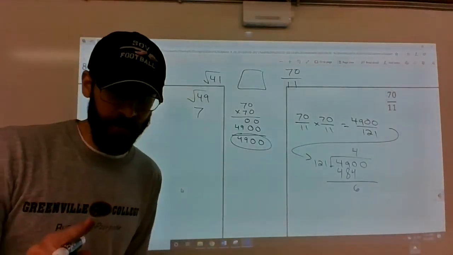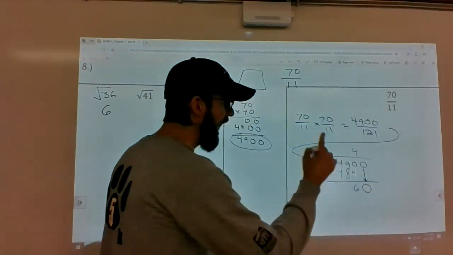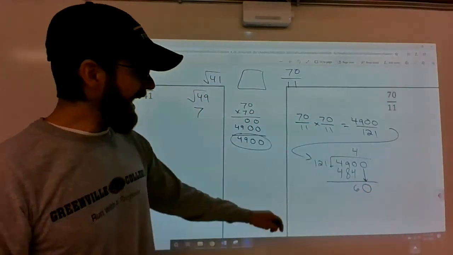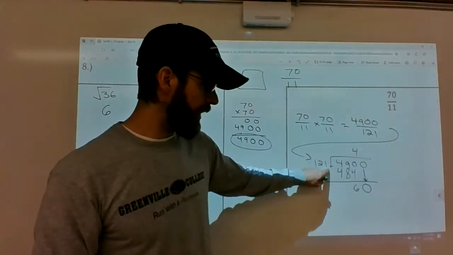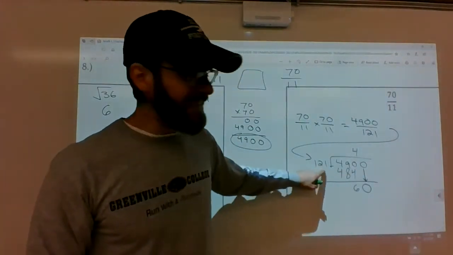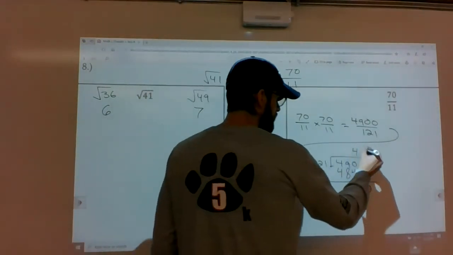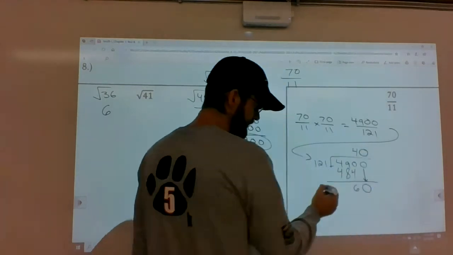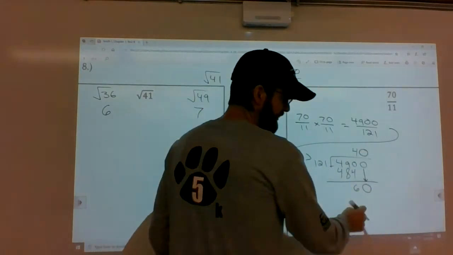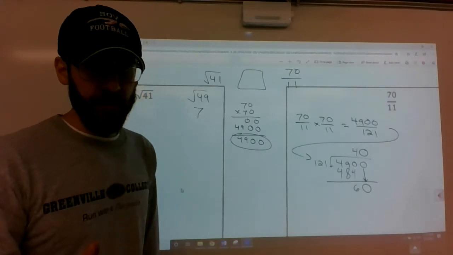Now here's the important part. If I drop a 0, I must now ask, how many times does 121 go into that number? 121 cannot go into that number. 0 times does 121 go into 60. So that's all the information we really need.